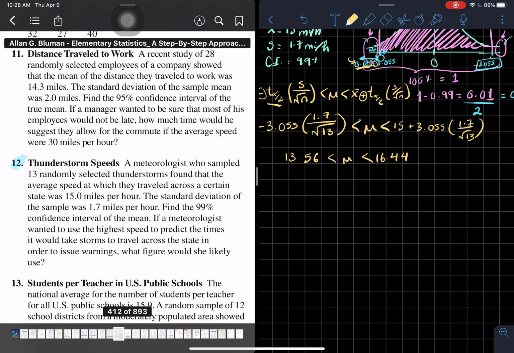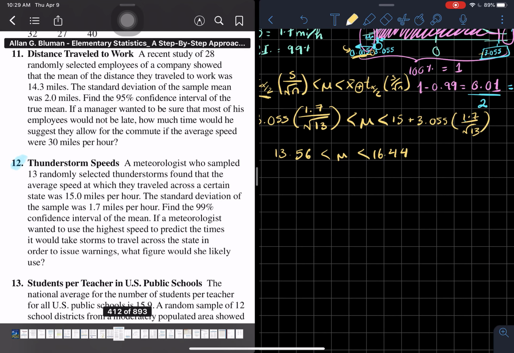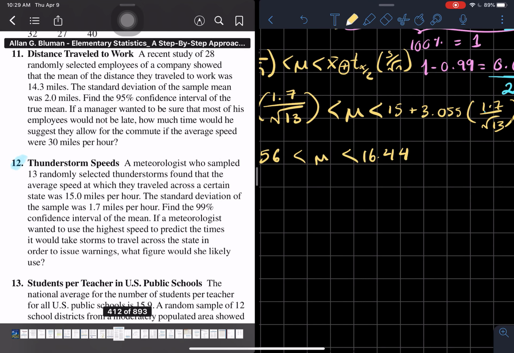Okay, so she wants to use the highest speed. Again, this is an interval, right? So if she wants to use the highest speed, her best bet is the 16.44, because it won't be more than that. This is our confidence interval. She is 99% sure that it's going to be less than 16.44.